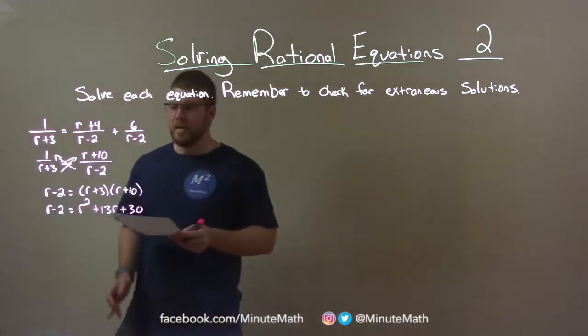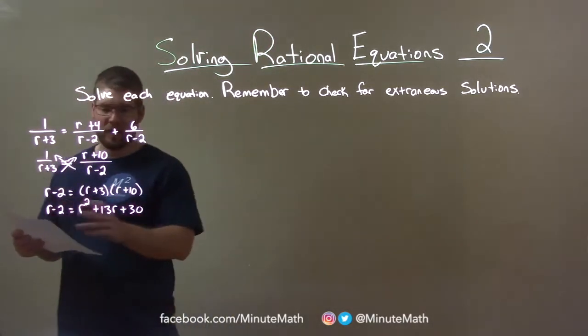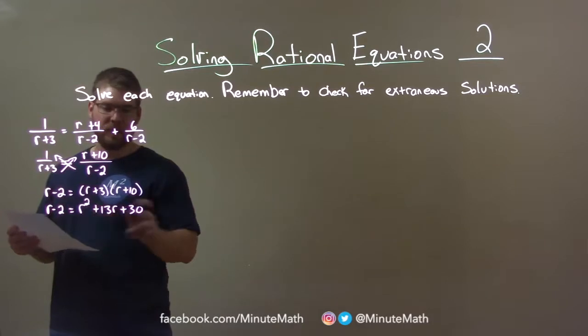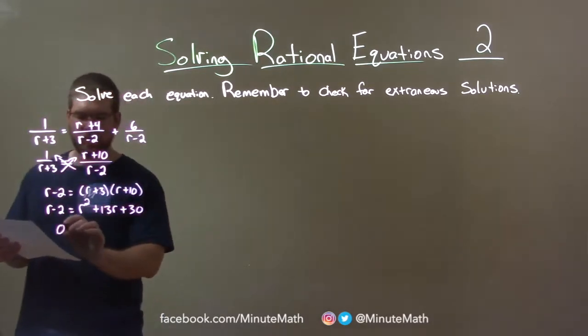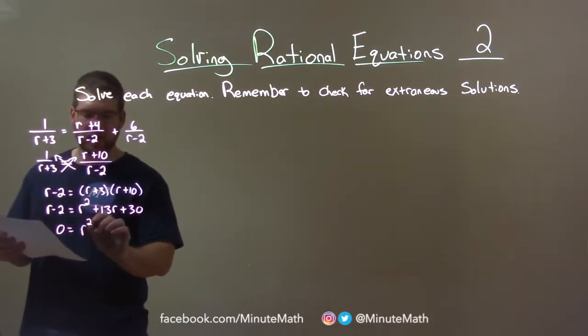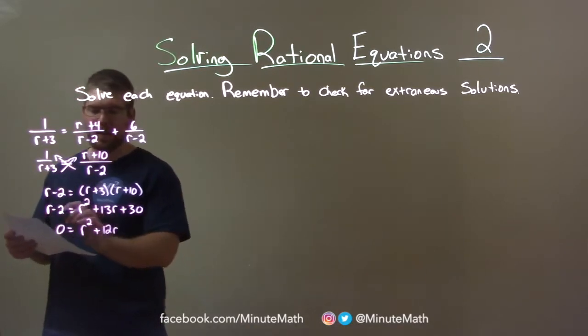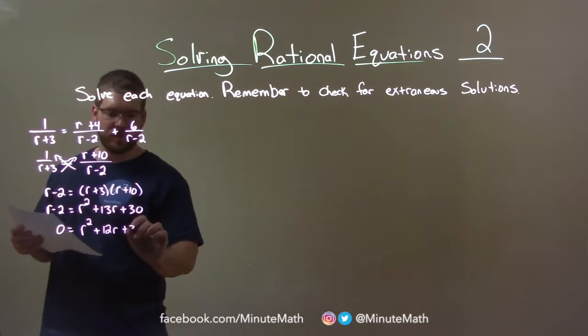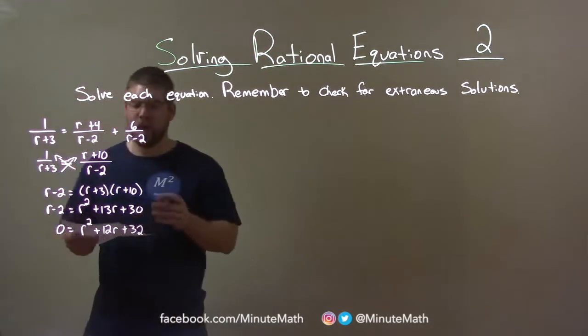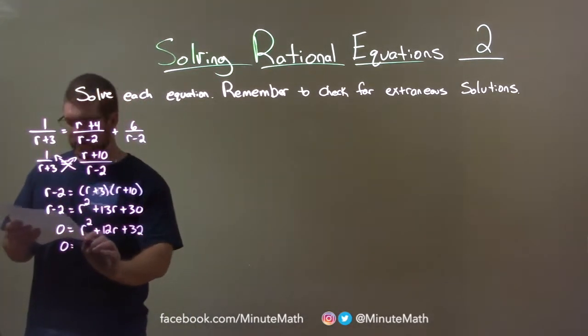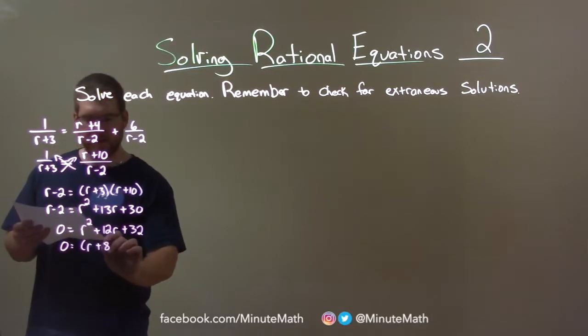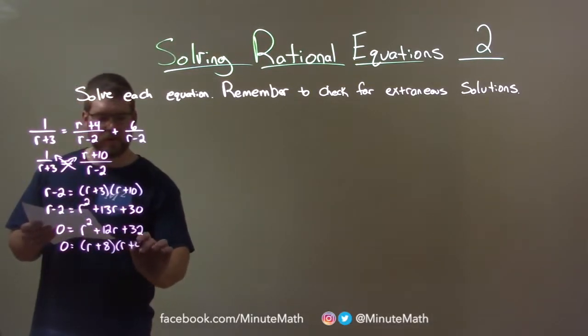Okay? So let's bring the r and the 2 to the right-hand side. So we have 0 equals r squared, but subtract r from 13r, we have 12r. Add 2 to 30, and we get 32. Well, now we need to factor this, and this factors to be r plus 8 times r plus 4.